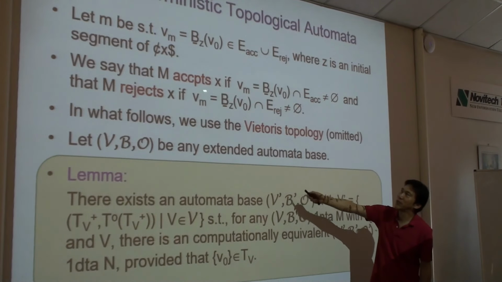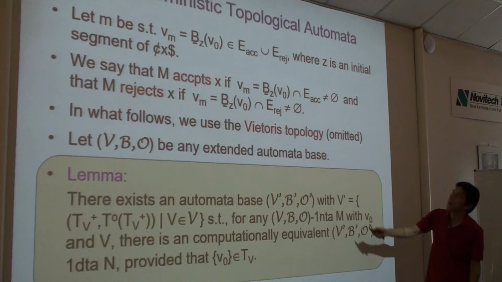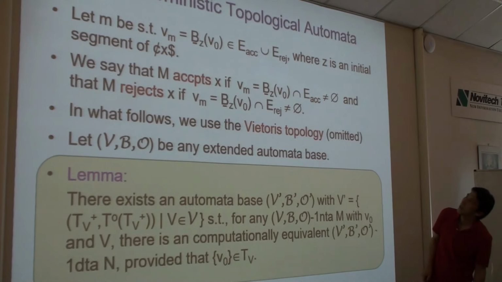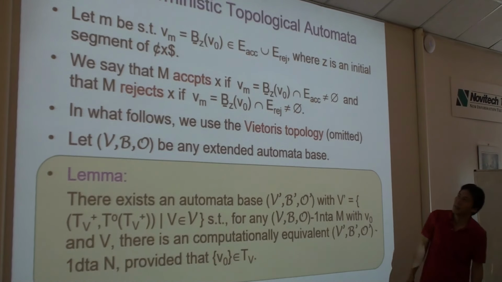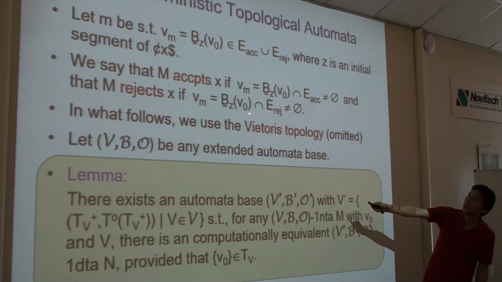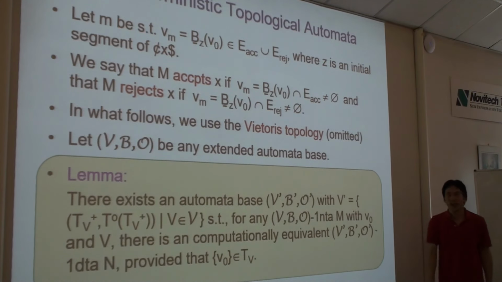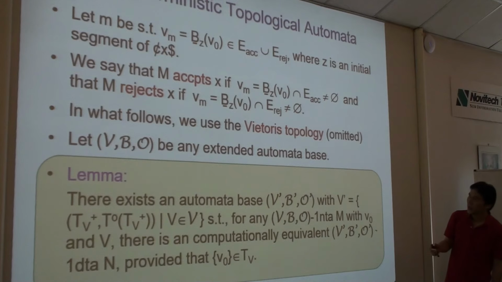So the machine accepts the input x if the final configuration goes to an accepting configuration, and M is said to reject x if the final configuration goes to a rejection configuration.